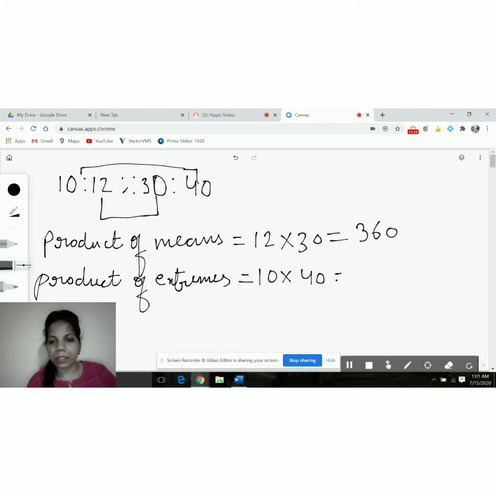So how much is this? 10 into 40? 400. So are these equal, product of means and product of extremes? No. Product of means is not equal to product of extremes. So we can say that these two ratios are not in proportion.